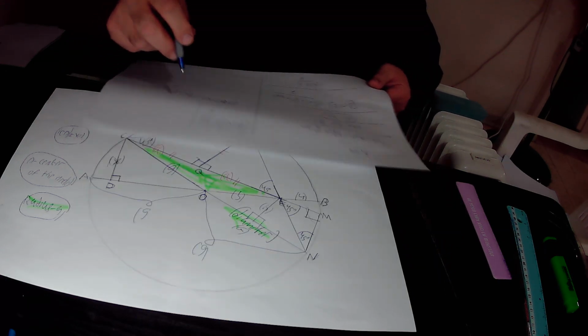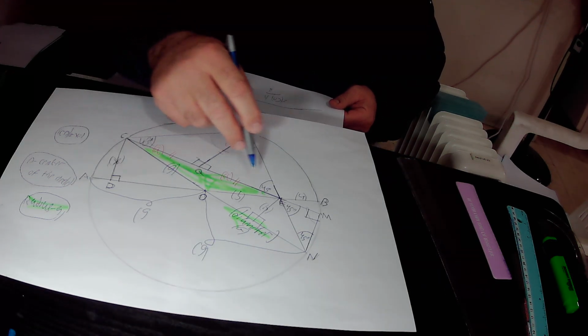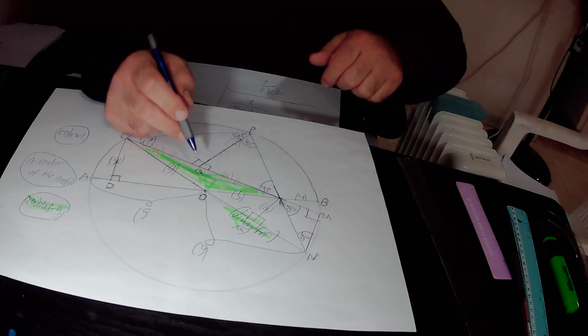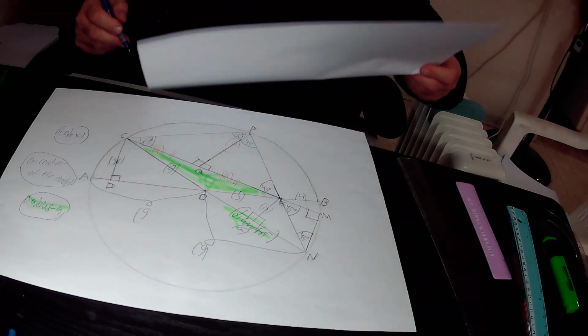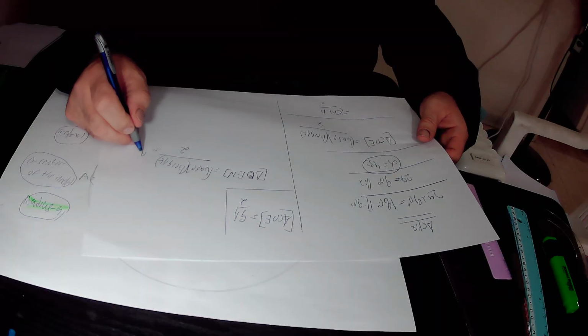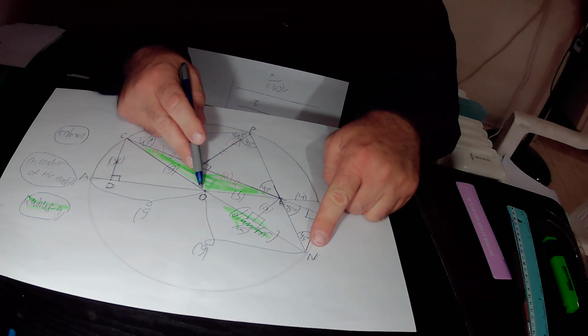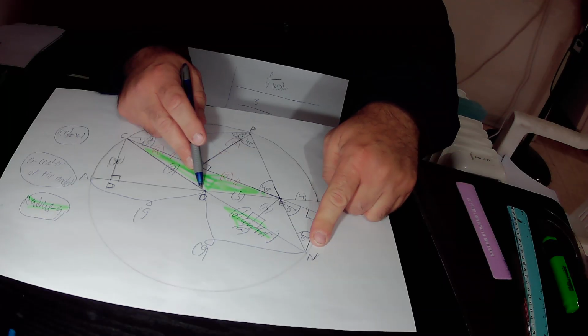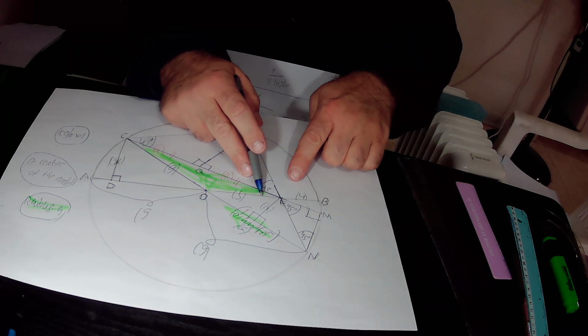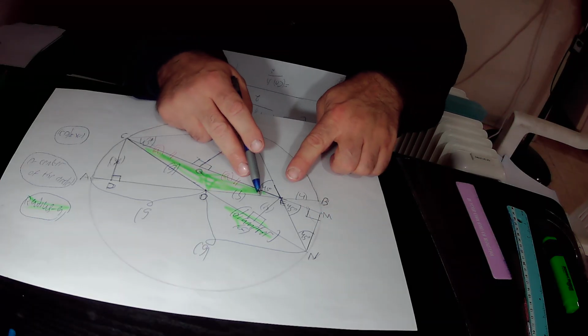We'll choose the base of this lower triangle OEN as ON. And the height to the base ON must be 90 degrees with the base ON. H definitely is 90 degrees with the base ON. So the height is H.